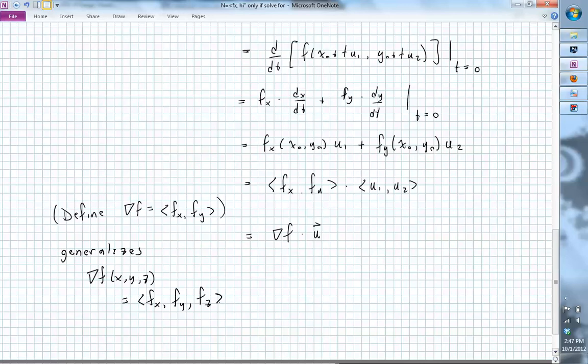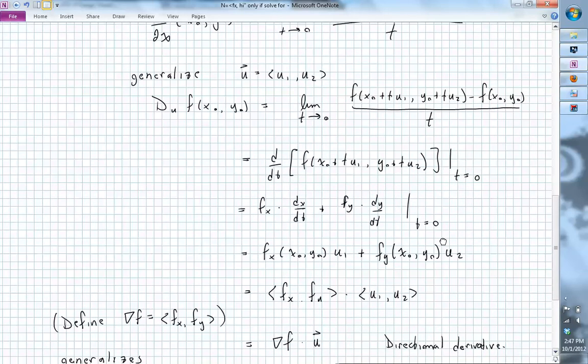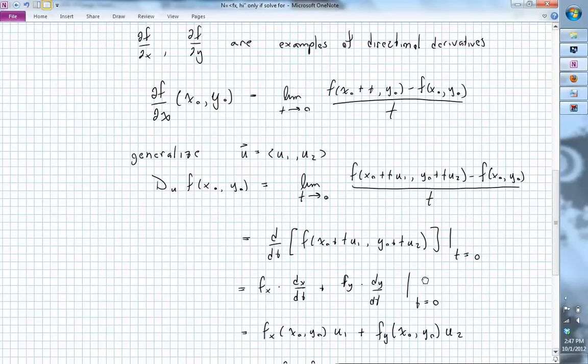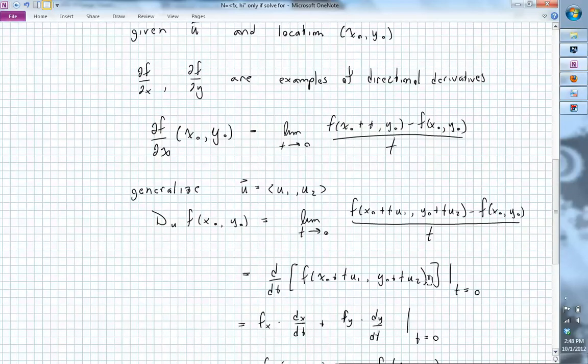All right. This thing is called the directional derivative. And there's one more little caveat that I have to add to this collection of symbols. Compare these two difference quotients right here.